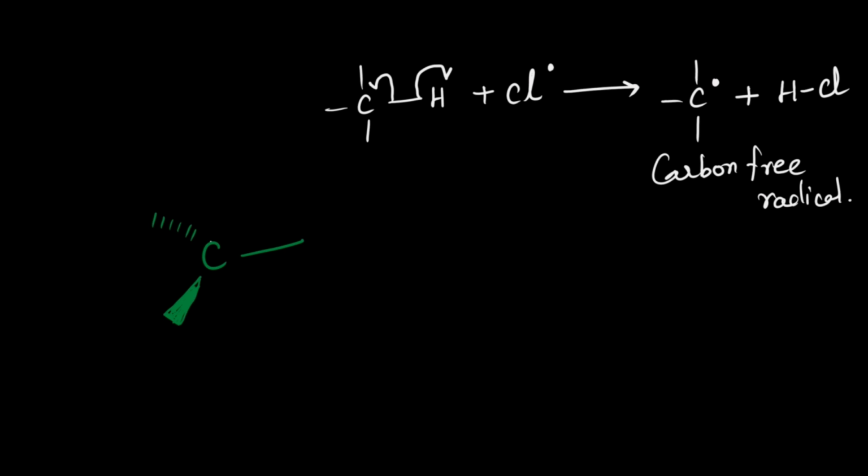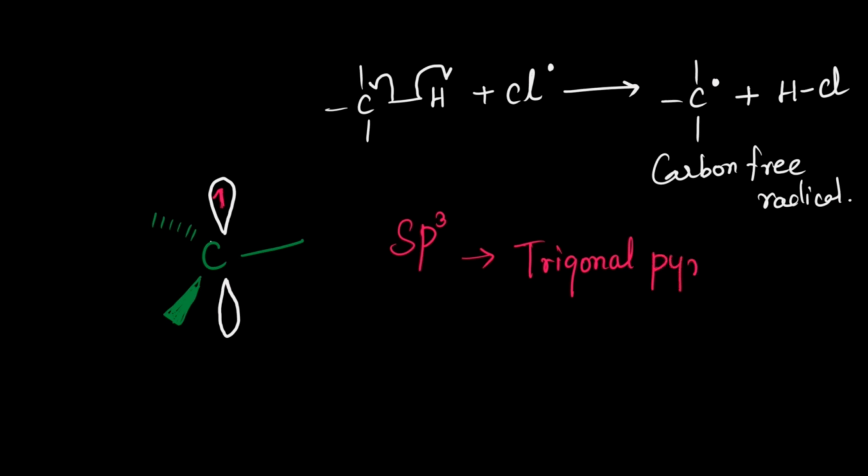The remaining one electron will occupy one of those orbitals. Okay, so in this case, what would be the hybridization? The hybridization of this carbon will be sp3 but with trigonal pyramidal shape.